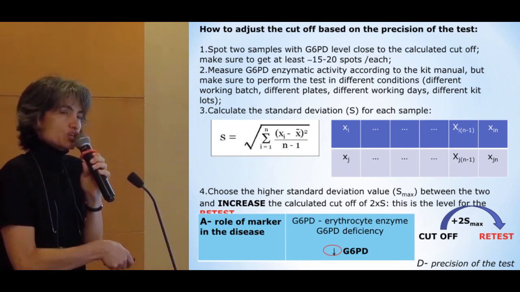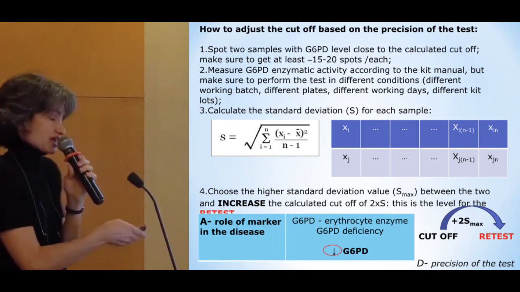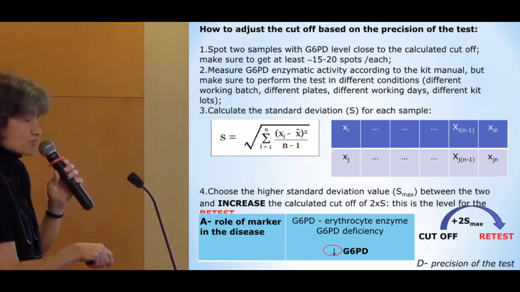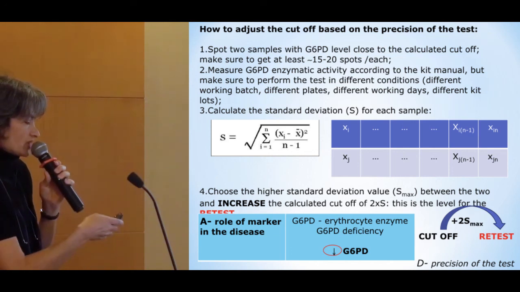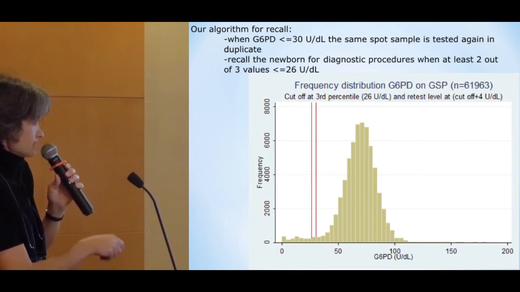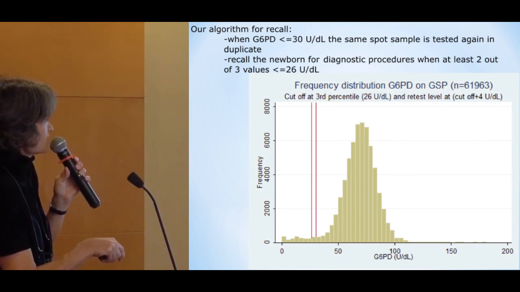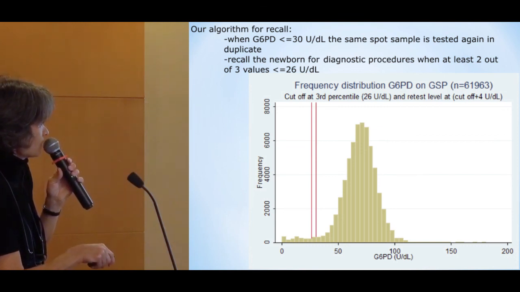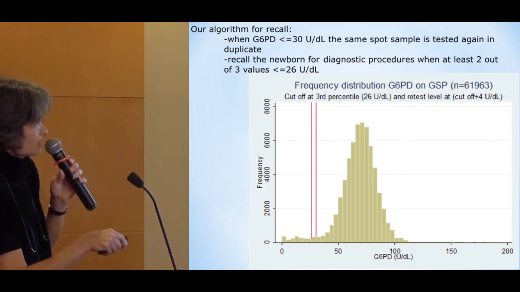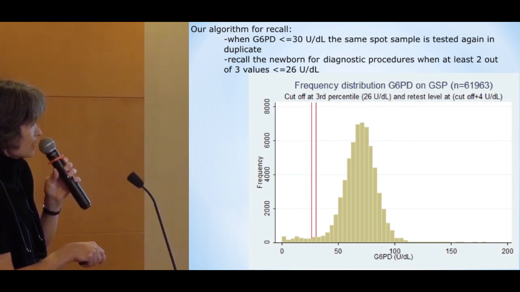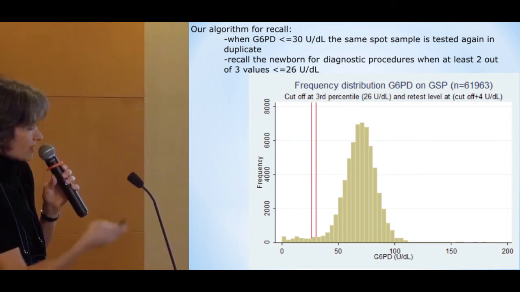Remember, in case of TSH, we subtracted because we were interested in the higher range of TSH. In this case, we are interested in the low range because it's enzymatic deficiency. So make sure to collect all the samples around this area here. This is the percentile 26, okay, right here. And this is our retest level, which is 30 and comes right here. And just to make sure that you see that we catch these babies right here, okay?